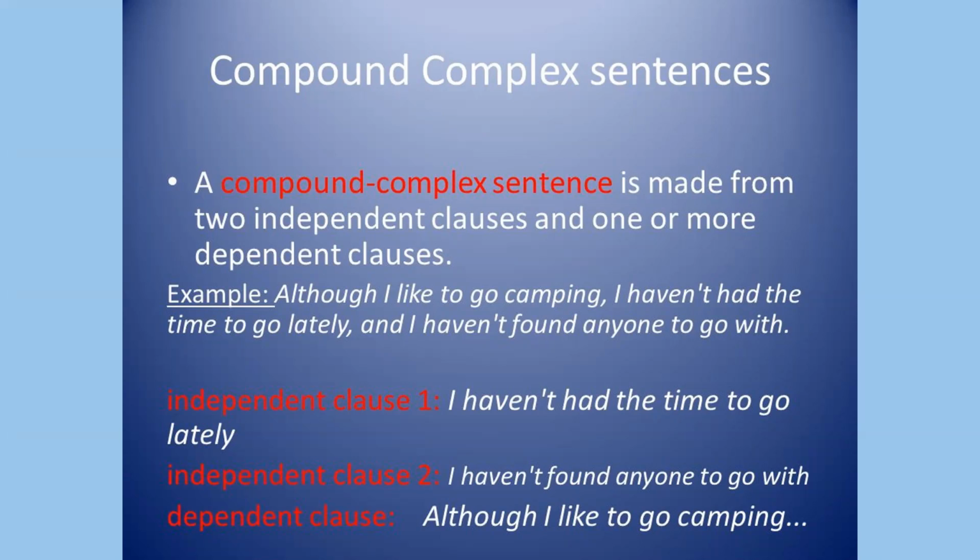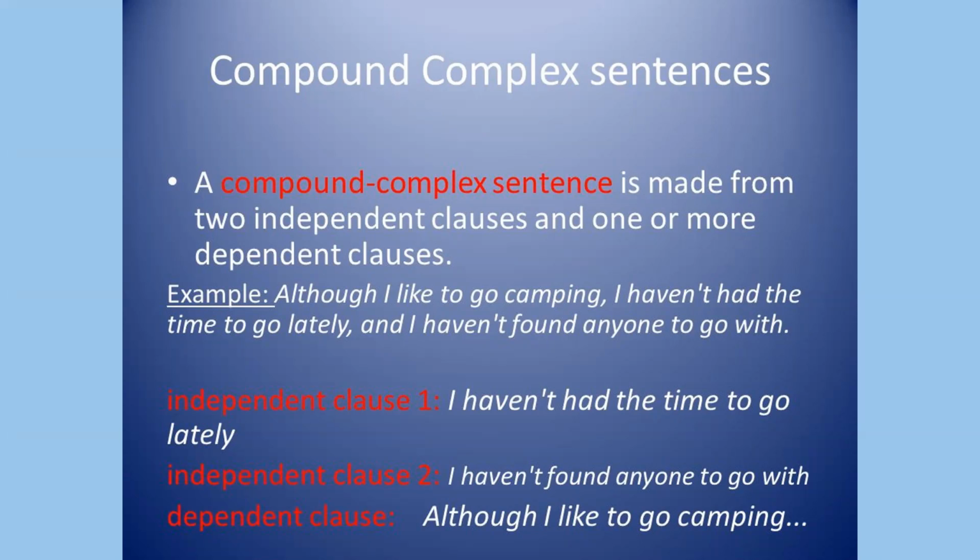Just like, although I like to go camping, I haven't had the time to go lately and I haven't found anyone to go with. So here it is clear, I haven't had the time to go lately. This is what? An independent clause. Then, I haven't found anyone to go with. This is again an independent clause.